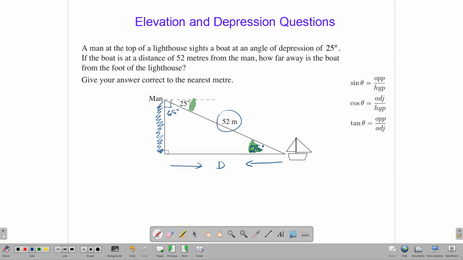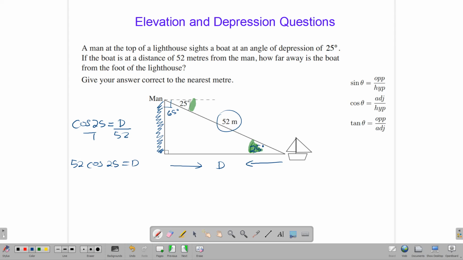So we have this number, which is for this triangle, the hypotenuse, and we want this side, which is the adjacent. Adjacent and hypotenuse together give us the cosine ratio. So we can say the cos of 25 is equal to d, which is the adjacent side, divided by 52. And a simple cross multiplication here: 52 cos 25 gives us d.